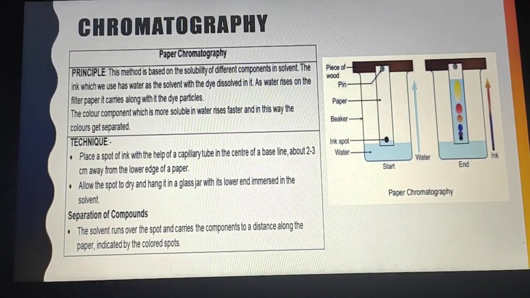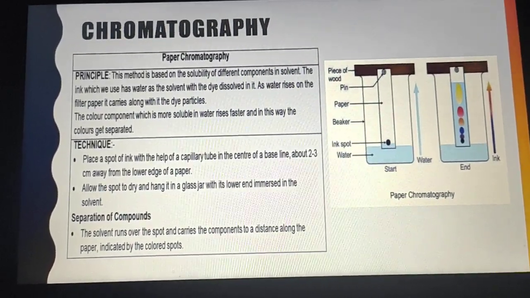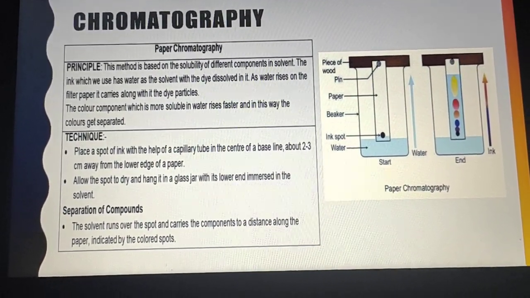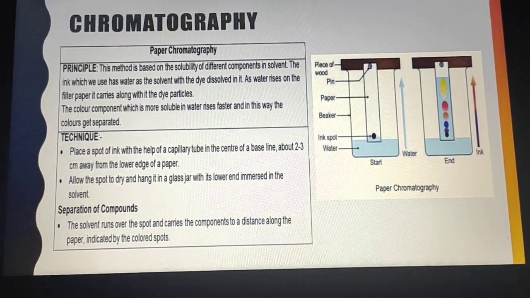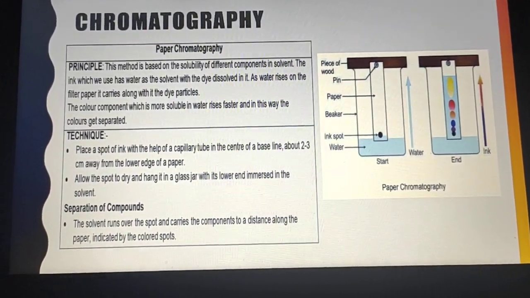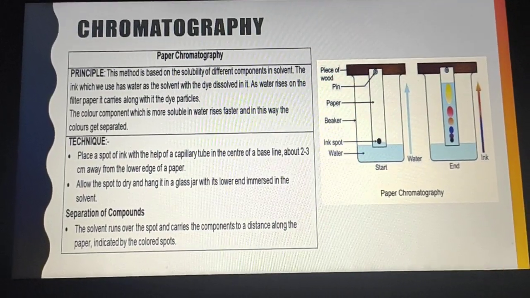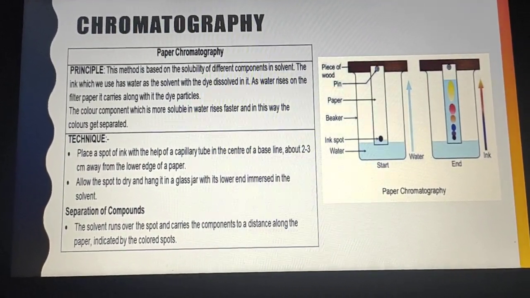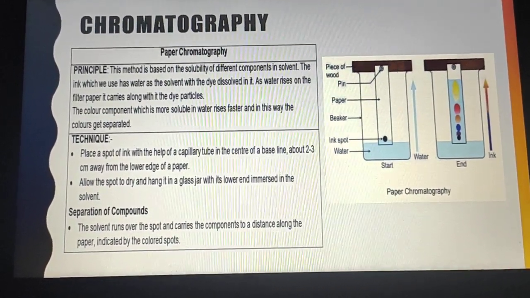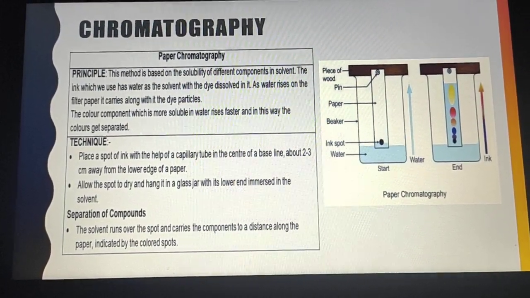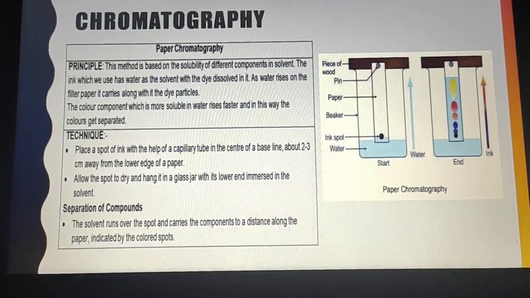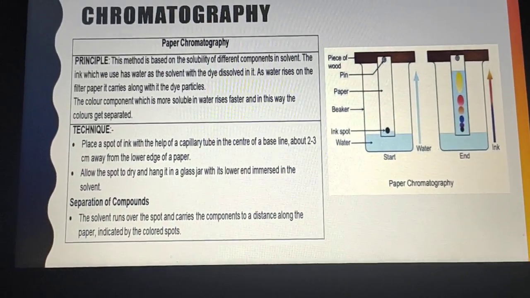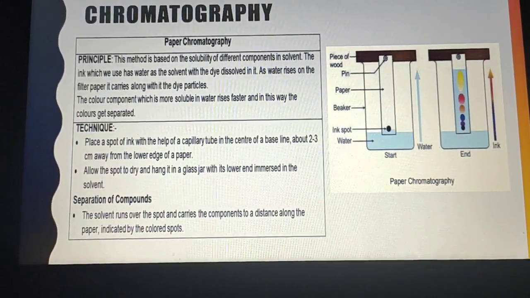Suppose you are taking a mixture of blue, red, yellow and many other inks, making a black spot at the middle. You have to put the spot 3 times so that it becomes dark. After putting each drop, you have to dry it before putting the next one. When you have put 3 drops on the Whatman filter paper, dry it for a while.